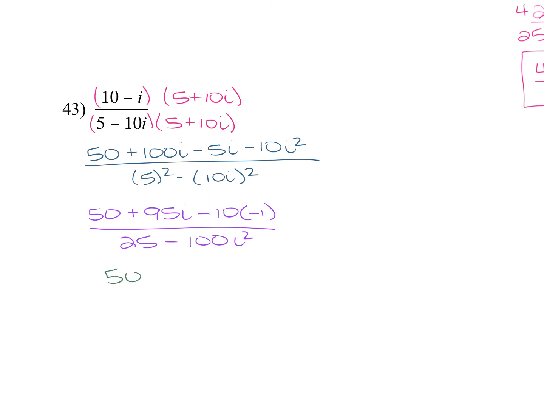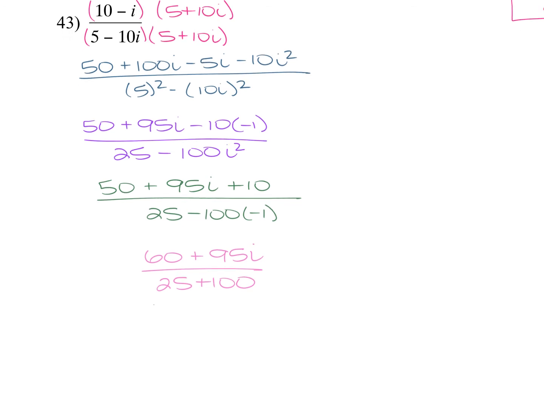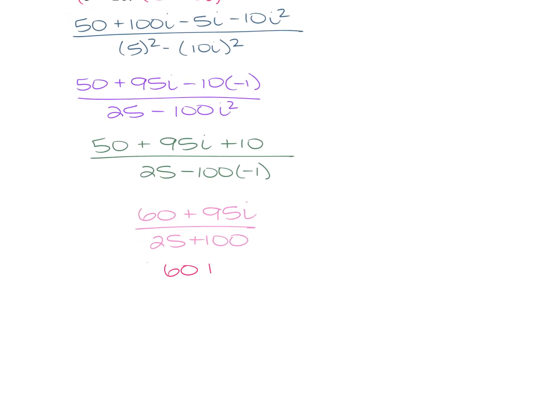So that gives us 50 plus 95i plus 10 all over 25 minus 100 times negative 1. Again, keep simplifying. The 50 plus 10 gives us 60 plus 95i. On the bottom, you have 25 plus 100. So then we add on the bottom, and we get 60 plus 95i all over 125.